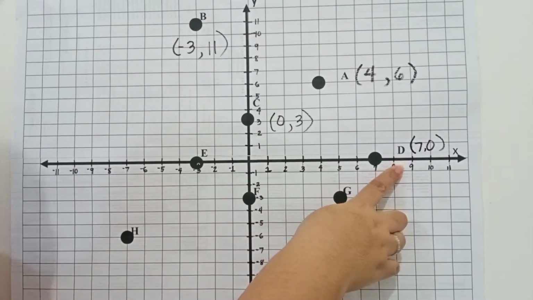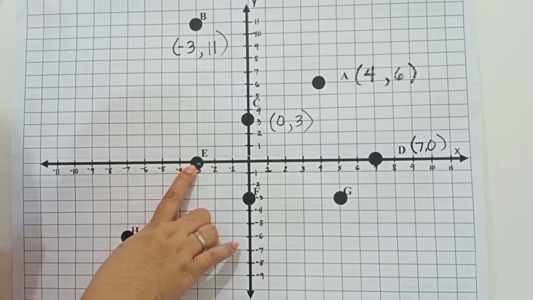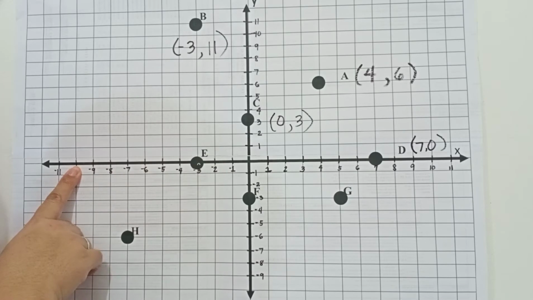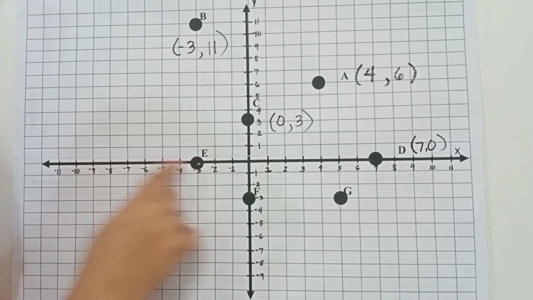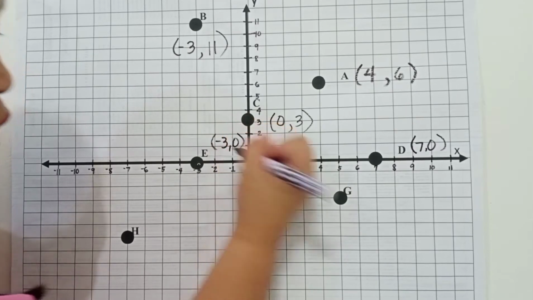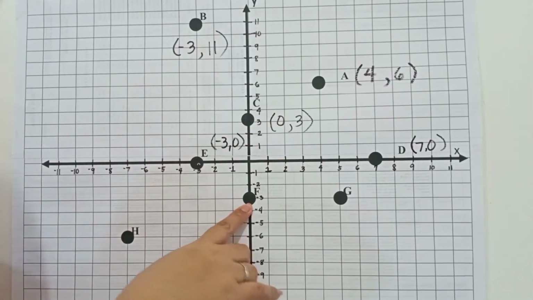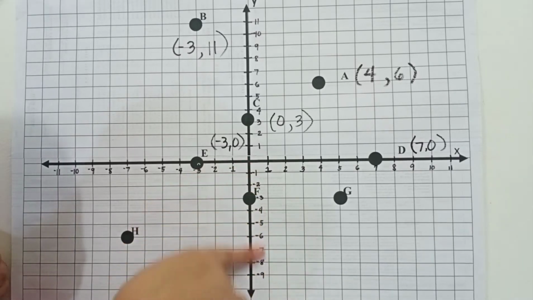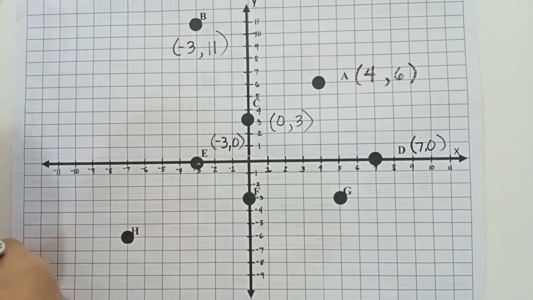And then point E. This is our point E. So our point E is located on the left side of our x-axis. So you have here negative 3, 0. And our point F, so this is our point F. Our point F is located on the lower part of our y-axis.